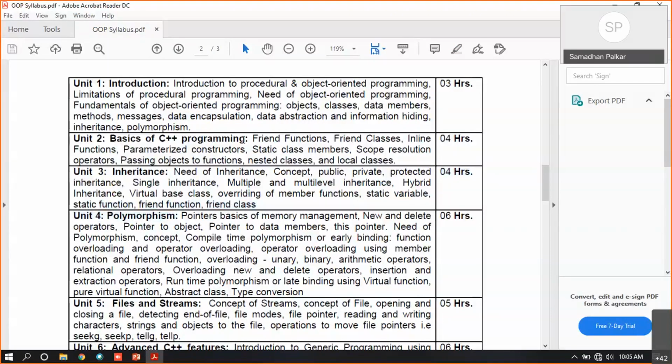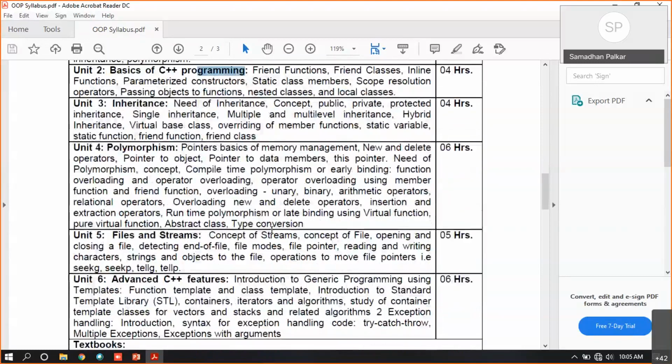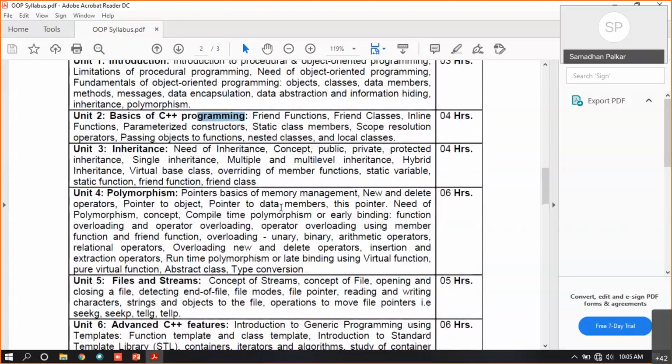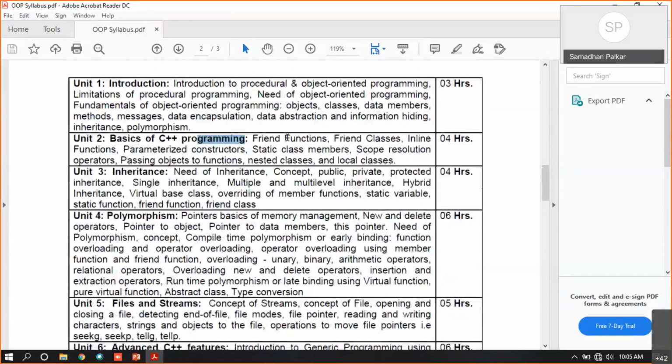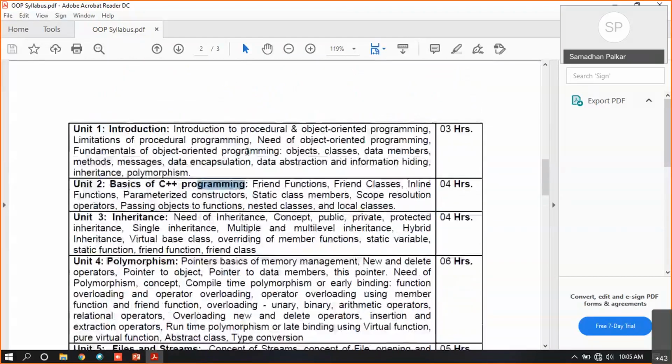There are some concepts which we are going to briefly discuss in the first unit, and those are treated as a full unit in your syllabus. So we are just going to see a brief description about the fundamentals of object-oriented programming today. This is about your contents today.